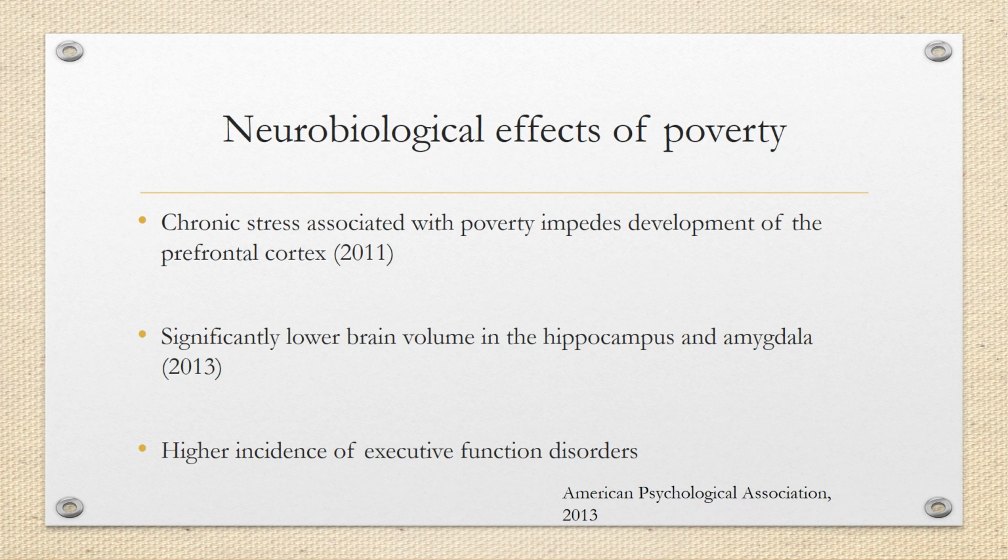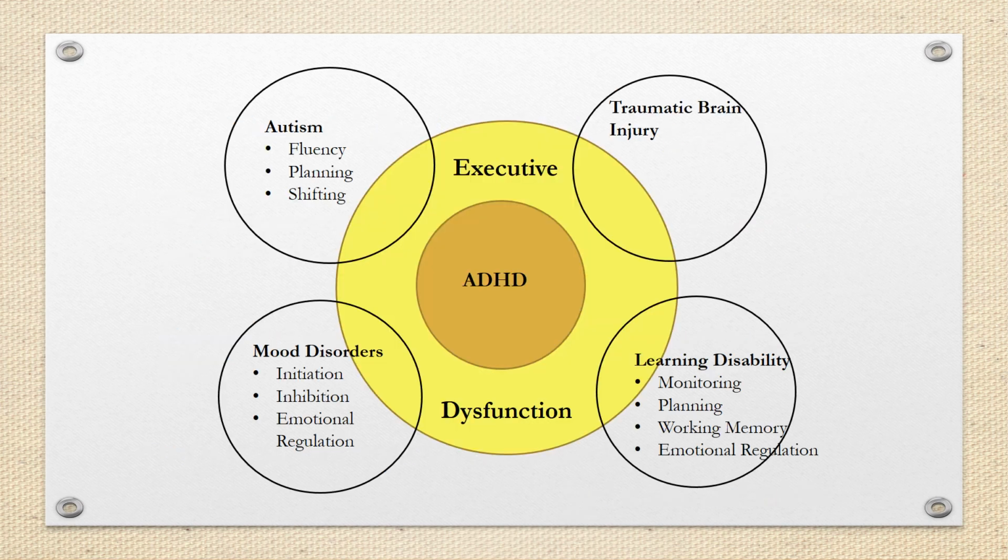There's significantly less brain volume in the areas of the brain that are involved with executive function, such as the hippocampus and the amygdala. And we find just a higher incidence of executive function disorders in environments where there is a high level of poverty.